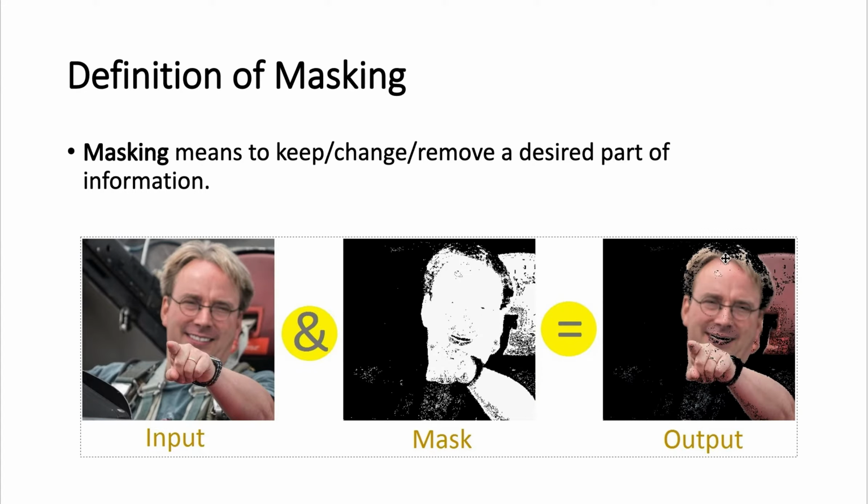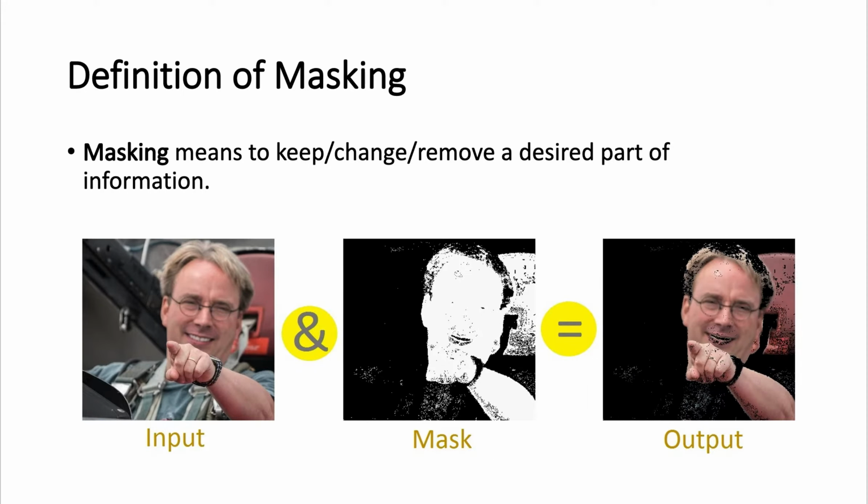So when we look into the output image, only the white part is shown to us and the black part is completely removed. Masking does the same thing in programming.